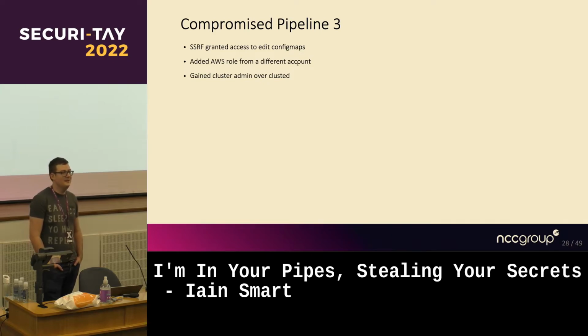Iain's AWS account now has cluster admin access in the cluster. So we generated authentication tokens in my account, put them into a kubeconfig, ignored some TLS stuff, and then jobs are good. We had cluster admin over their build pipeline.